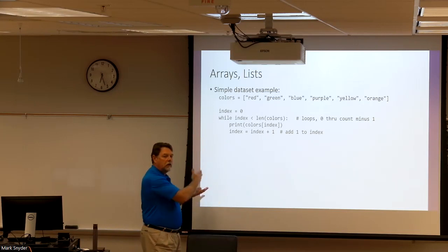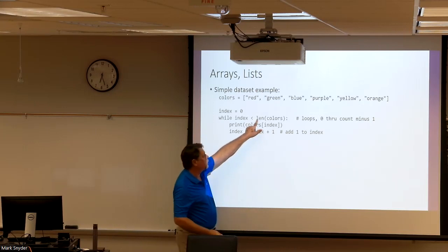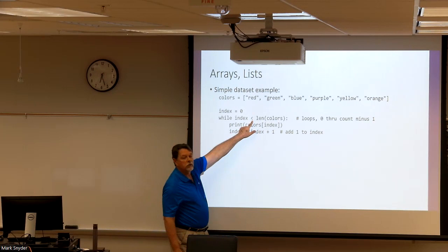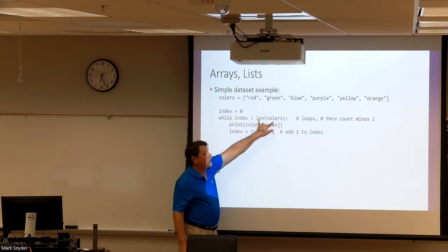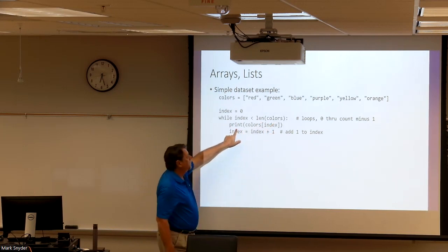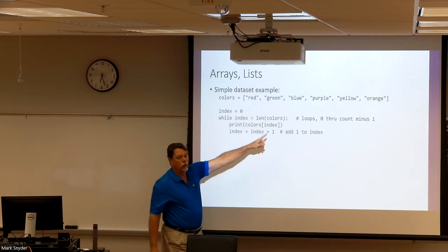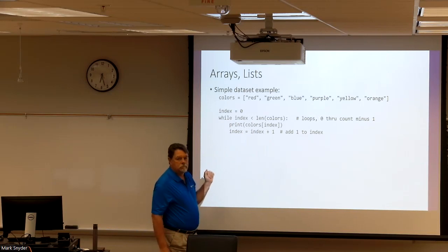It's 0 based indexing, but there's still 6 elements in the list. So length returns 6, and remember we're using the less than. While our loop variable is less than the number of times we want to loop, we're going to be looping 0 through the length minus 1. Make sense?